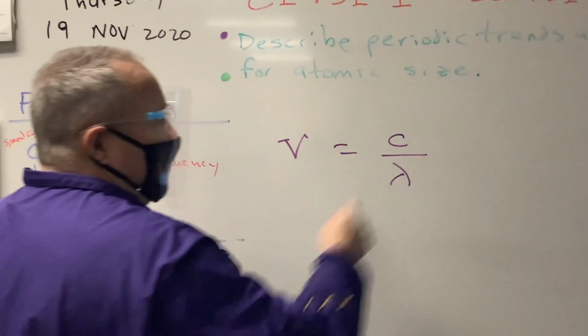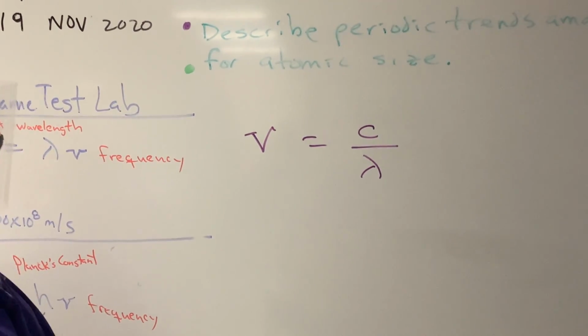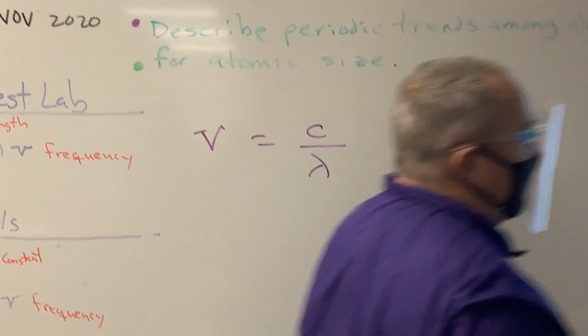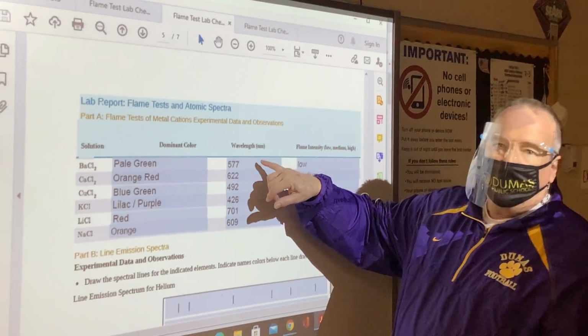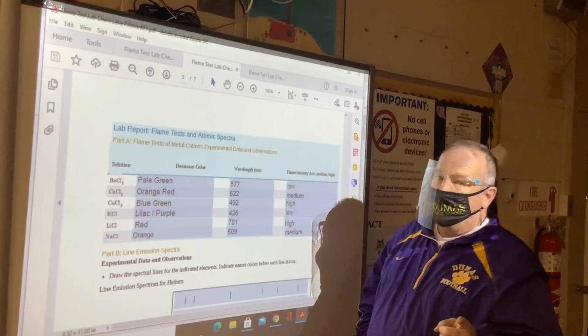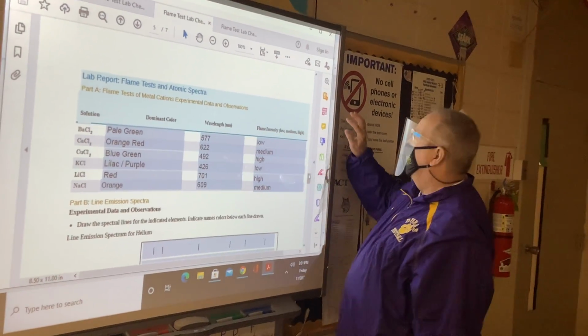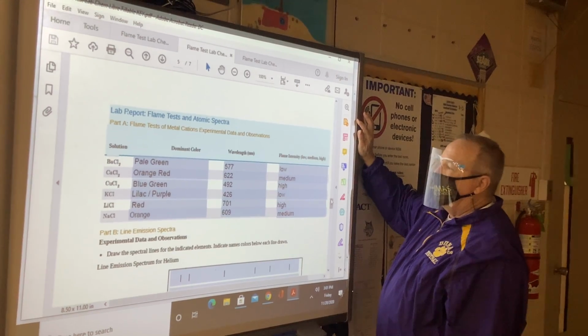And the speed of light is a constant, 3 times 10 to the 8th meters per second. The only problem is the wavelength given in that table is in nanometers. There's 10 to the 9th nanometers in a meter, so we're going to have to do some calculations to get that.